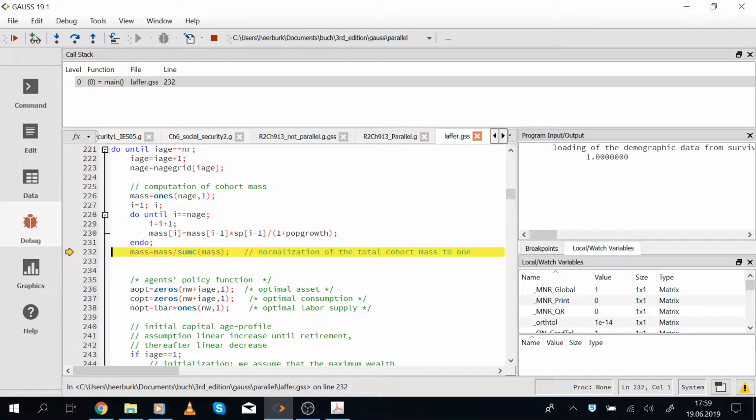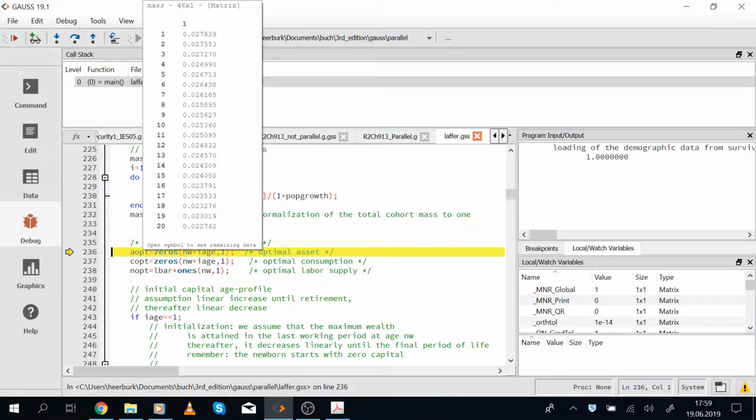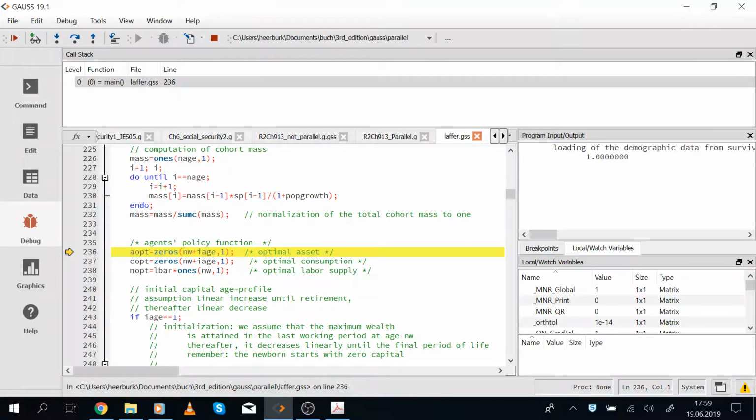And we normalize it to 1 so that our total mass of all cohorts in this economy is equal to 1 by dividing through the sum of all mass. So now we have the stationary measure of each cohort. The 20-year-old have a mass of 0.0278. The 21-year-old have a share of 2.7553% in total population, and so on. This is our stationary measure.